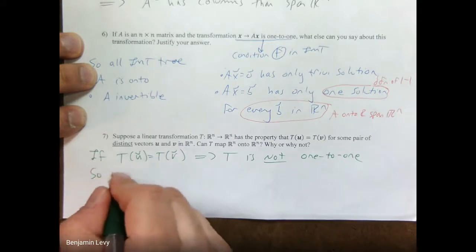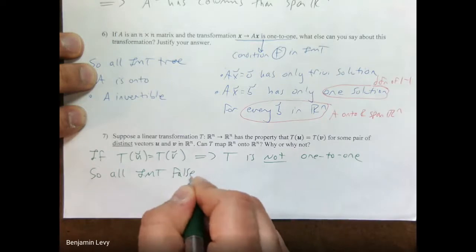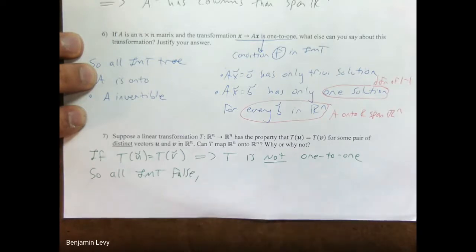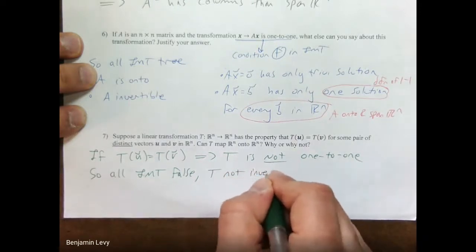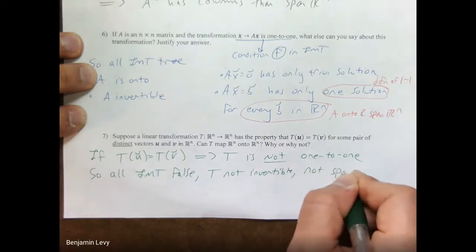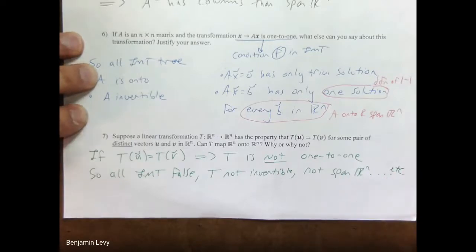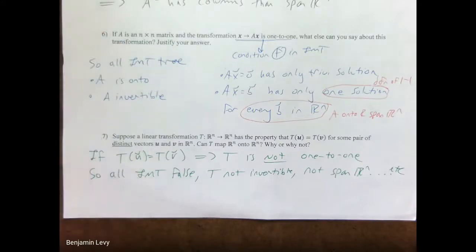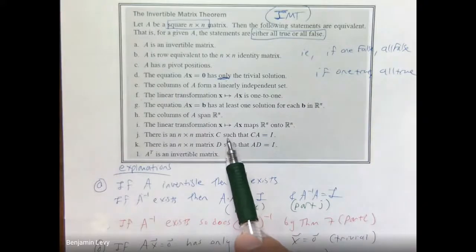And so that means all of the IMT is false. If all of the IMT is false, that means it's not invertible, it doesn't span, etc. So T is not invertible. It does not span Rn, etc. We know all the things in the IMT are false. In particular, one of the things in the IMT is onto, right? And so, let's see here, where is onto?